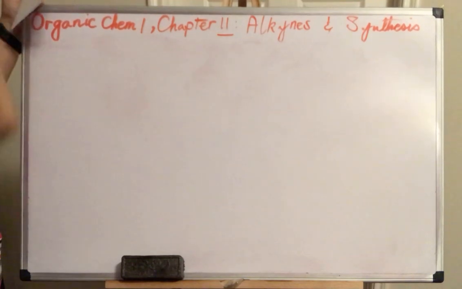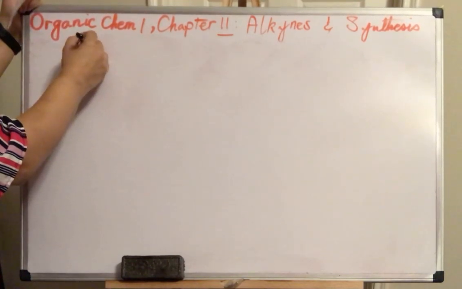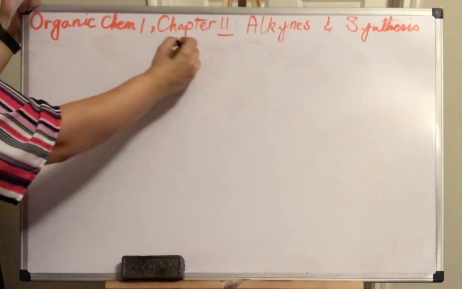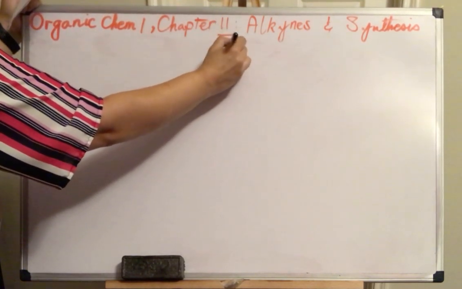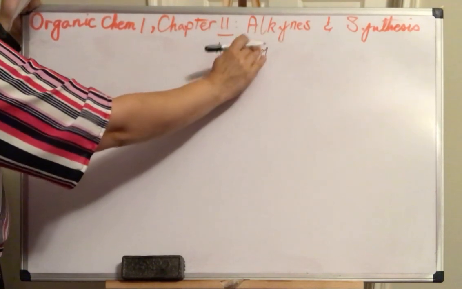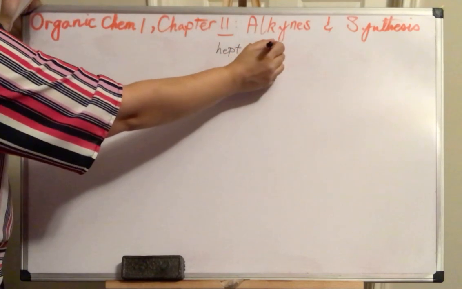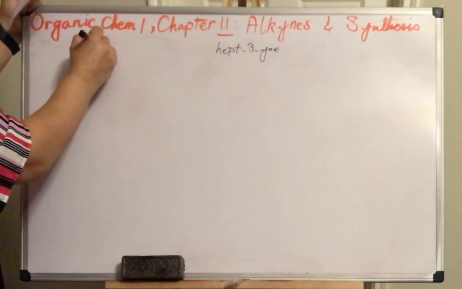For example, the first one is making hept-3-yne from acetylene.